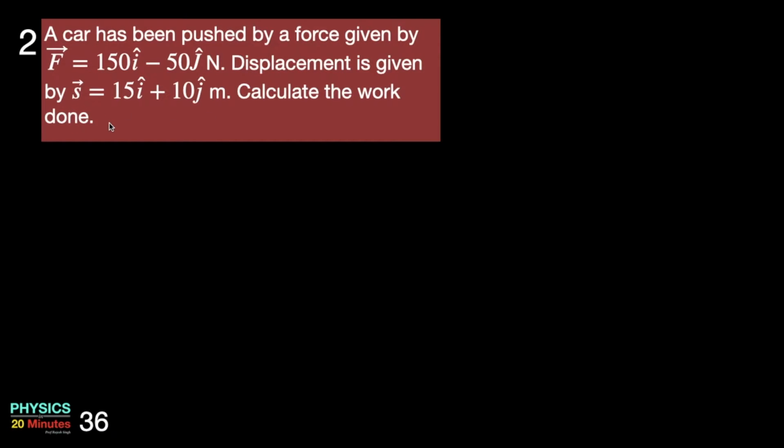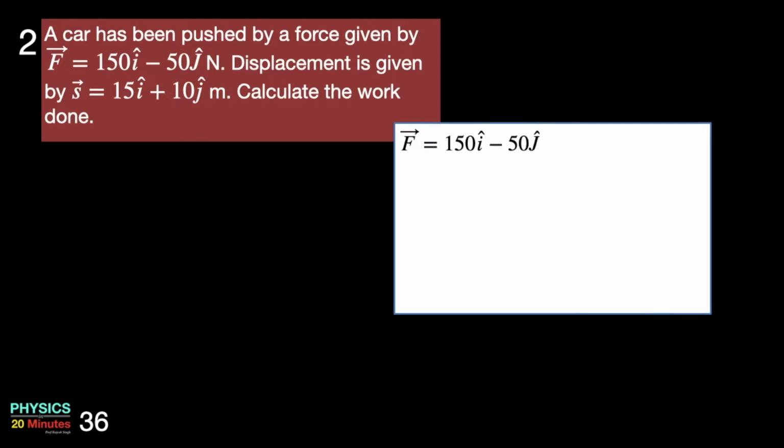In the previous problem, the magnitude of the force was given and you needed to take a component. Sometimes magnitude may not be given, but what could be given would be in vector form. In that case, you know that the work done is nothing but the dot product of force and displacement.